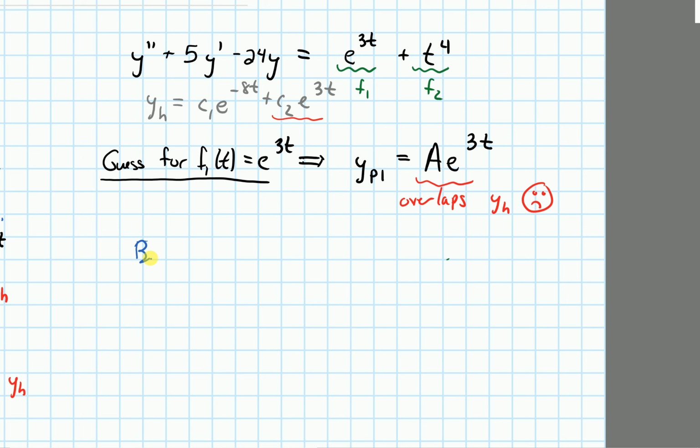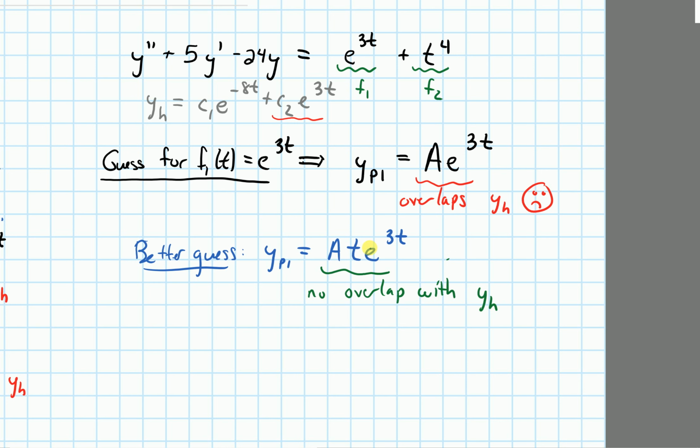So let's make a better guess. So let's try yp1 is equal to a times t times e to the 3t. If we look at this, now there is no overlap with yh.